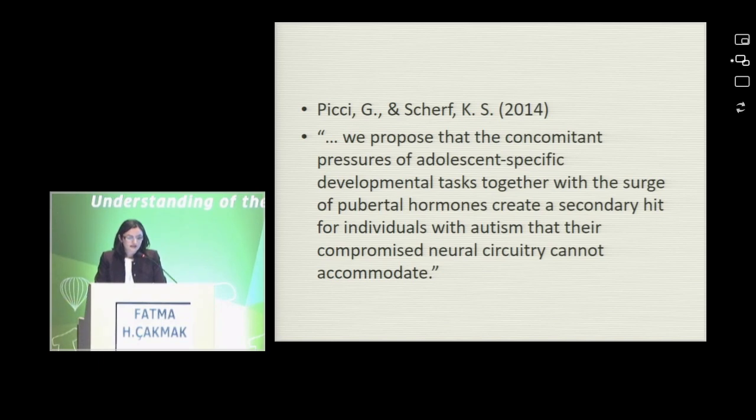I couldn't translate it into Turkish. That's why I put it in its original form.